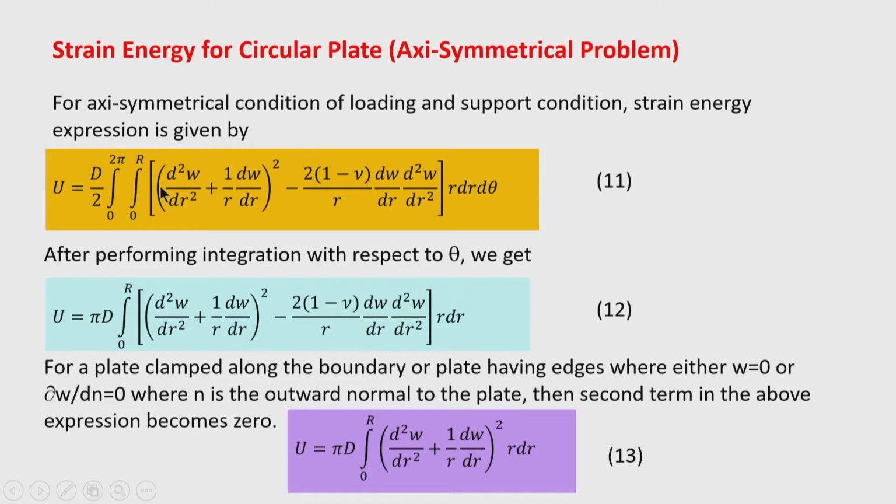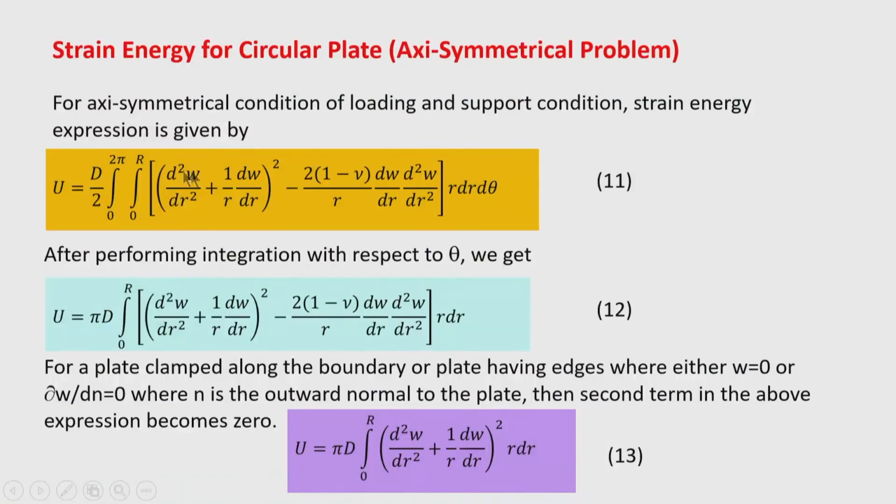circular plate. Now, you can see here that these functions W or its derivatives in case of an axisymmetrical problem are not dependent on θ. That means this W does not contain any θ. So, therefore, we can integrate this expression independently with respect to θ.